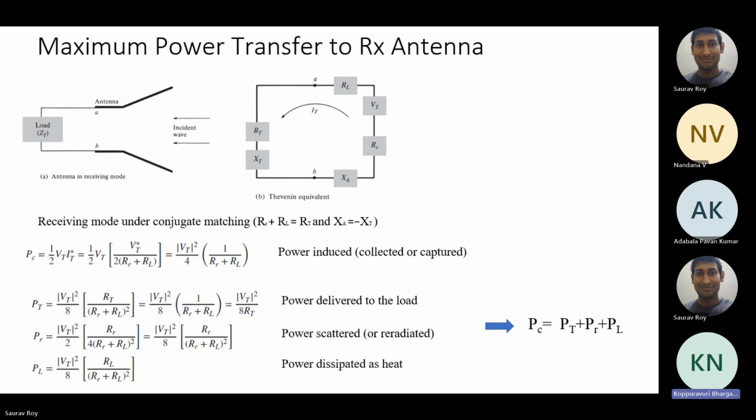Some part may get reflected back. Why does that happen? Why will it be reflected? If there is some impedance mismatch. Yeah, right, impedance mismatch at the receiver side. So it will be reflected from which portion? Which portion exactly will be responsible for that?